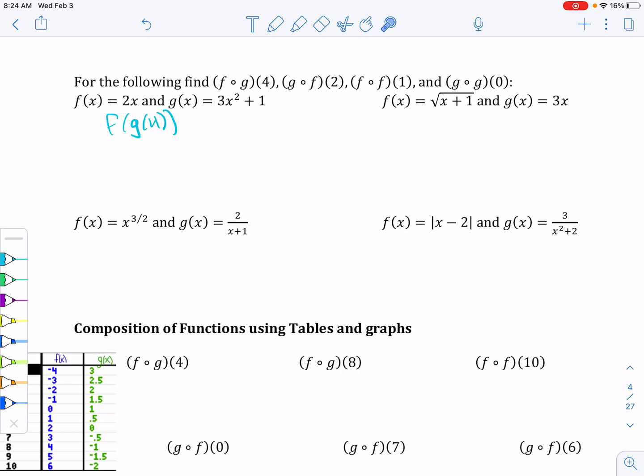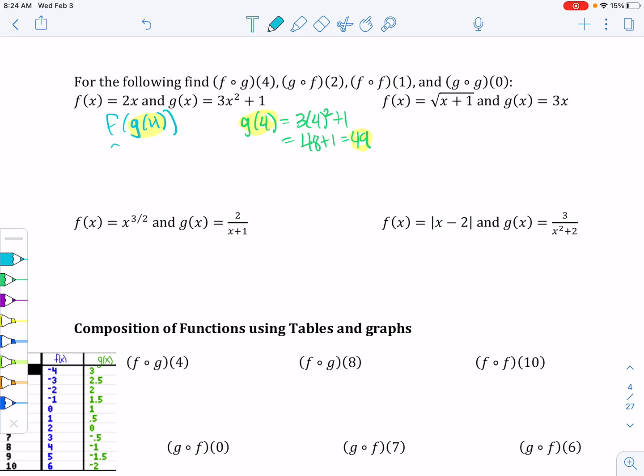So g of 4 means that I'm going to plug in 4 for g. Well, g of x is 3x squared plus 1, so 3 times 4 squared plus 1. Remember you have to square first before you multiply, so 4 squared gives us 16, times 3 gives us 48, plus 1 gives us 49. So g of 4 is 49, so I'm going to plug in 49 in place of g of 4.